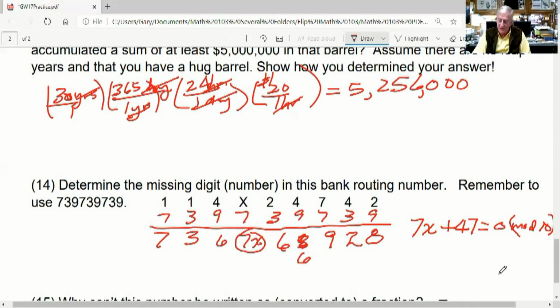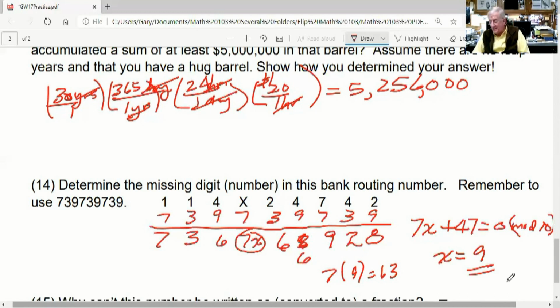I think most of you can see that 7 times 9 is 63. That gives me a number that ends in a 3. So x has to equal 9. So if you put a 9 in there for x in problem 14, you do have a legal bank routing number.